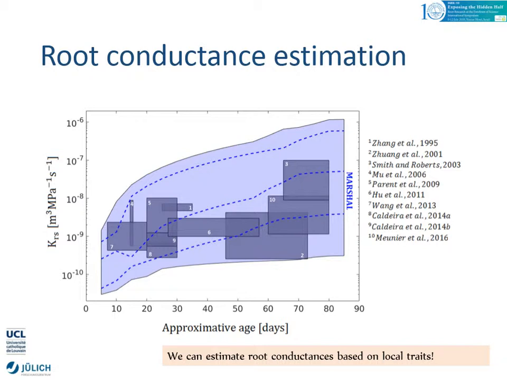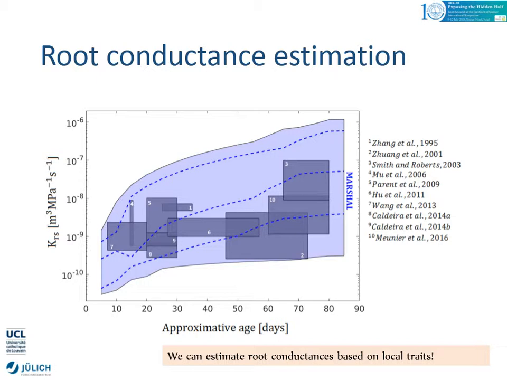So when you combine all the sets of parameters and put them in the simplified model, that's the actual envelope you get. And this is the age of the root system. And you see that we are, on average, at least comparable with the data that you can find in the literature.